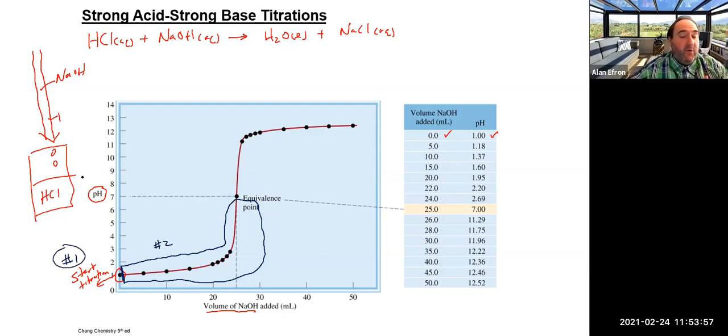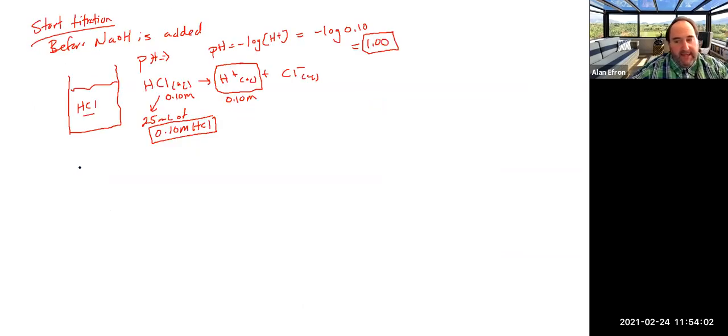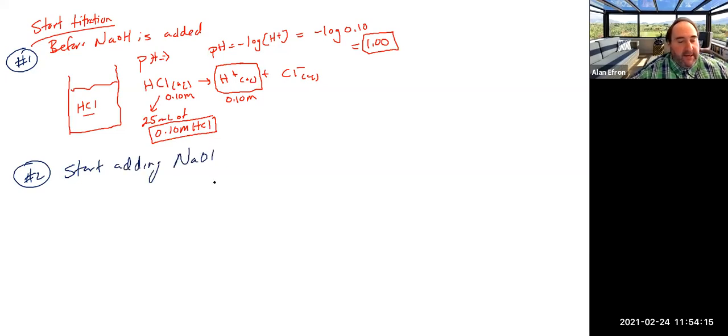So when we do start adding the sodium hydroxide, this will be number 1 here. In number 2, when we start adding sodium hydroxide, we are definitely adding volume, right? So we are adding volume here.